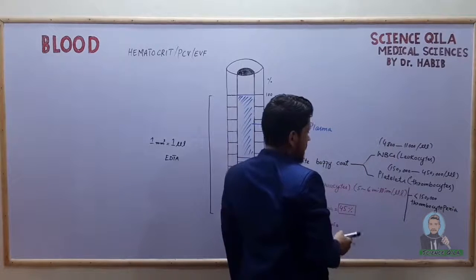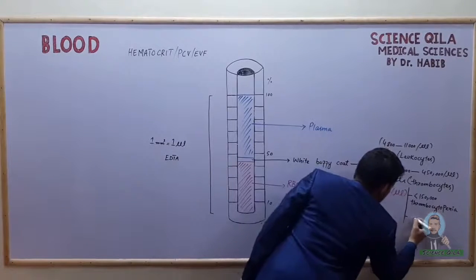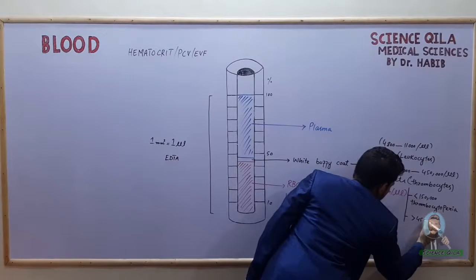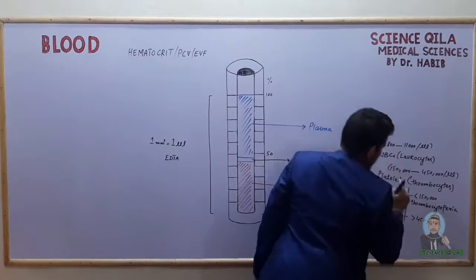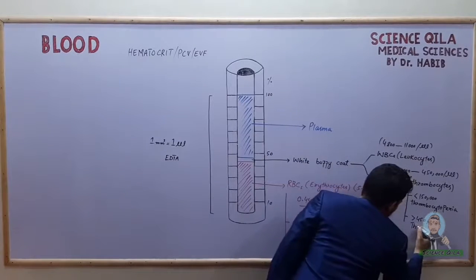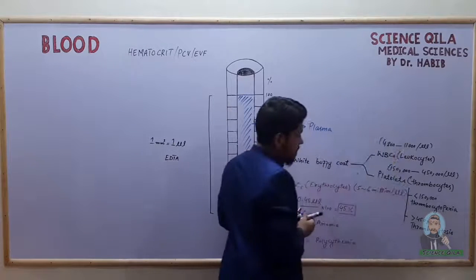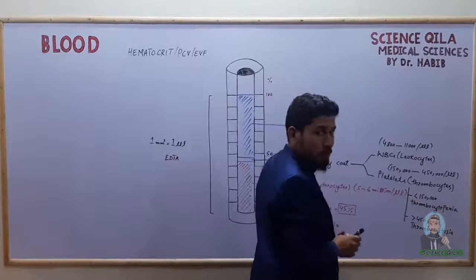And if he has platelets more than 450,000, this condition is called thrombocytosis. Similarly is the case with the WBCs.